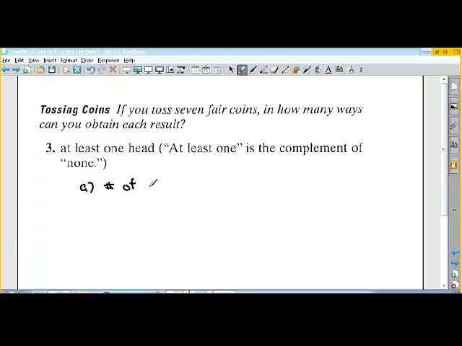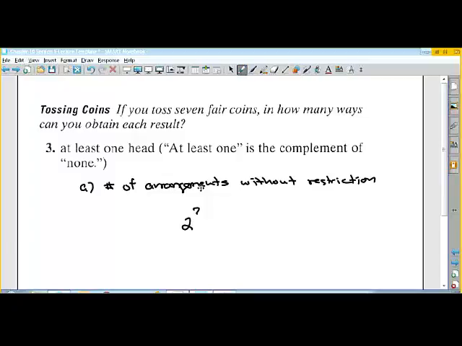So the first thing we're going to ask is number of arrangements without restriction. So how many ways can we toss 7 fair coins and get heads and tails? We just did this a minute ago. 2 raised to the what power? 7th power.